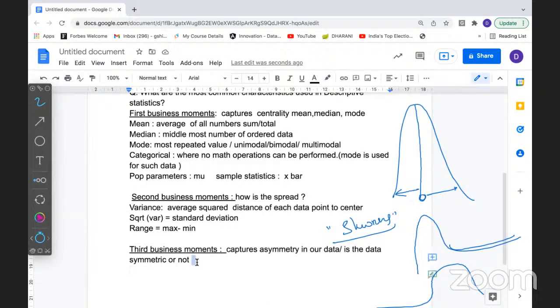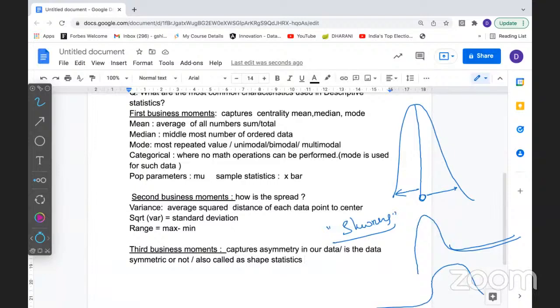This is also called shape statistics. Left skewed: the left tail is longer than your right side.